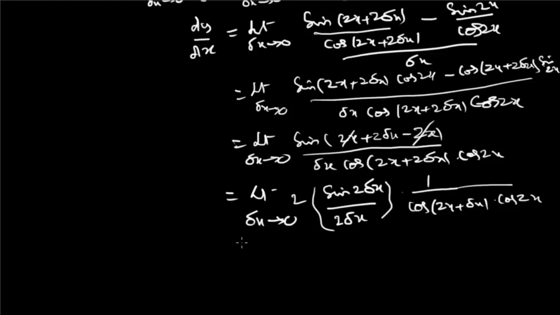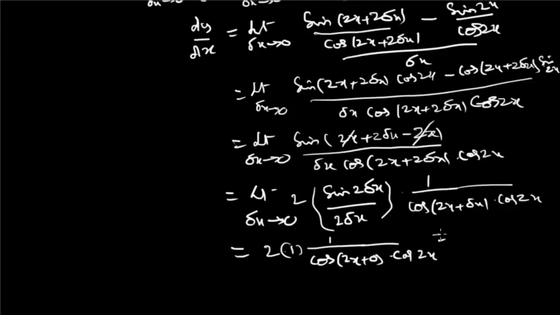And this step is important. Here only delta x is there. How we got 2, you may think. Multiply by 2 and divide by 2, so that this becomes sin theta by theta, that is equal to 1. Sin theta by theta is equal to 1, theta being 2 delta x. The rest of it, wherever delta x is there you write 0. Cos 2x plus 0 into cos 2x.